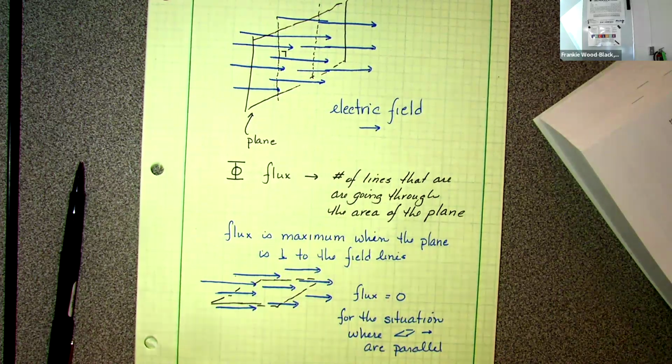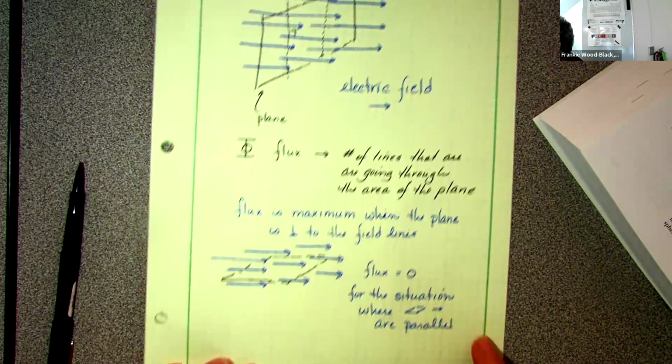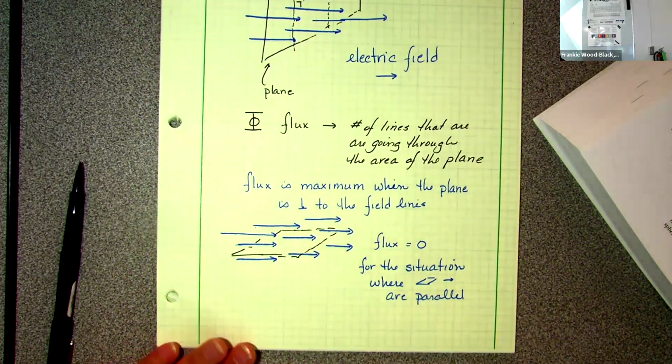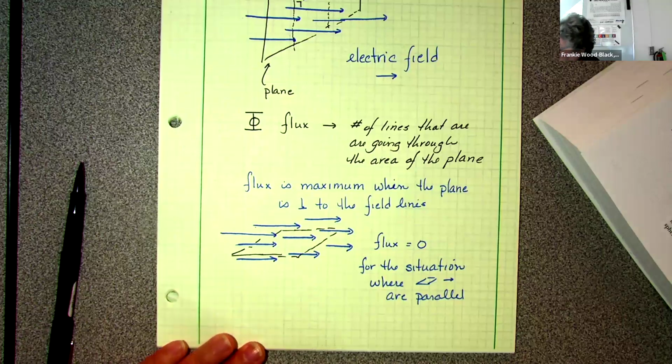So we get the flux is equal to zero when we've got that. Now, this looks like something we've seen before.